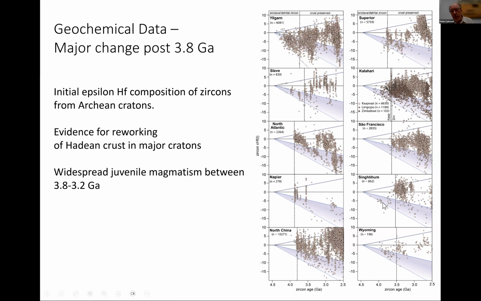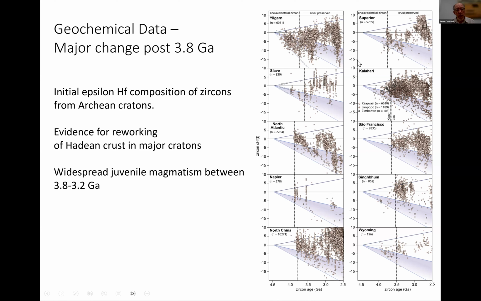Somewhere like the Singhbhum in India, we see older material, and then a change at around 3.5 or so to more juvenile. So at various times after 3.8 to about 3.2, we see a change from reworking of material within the crust to the influx of juvenile material.